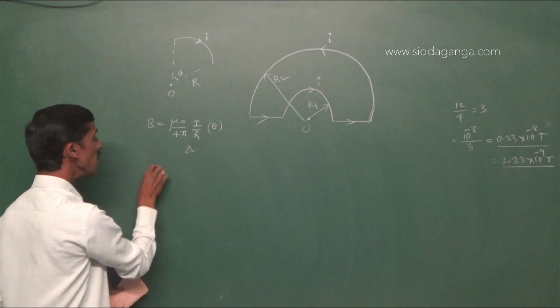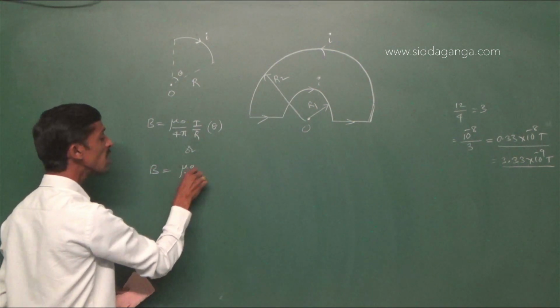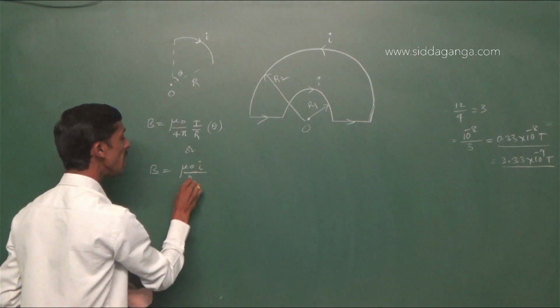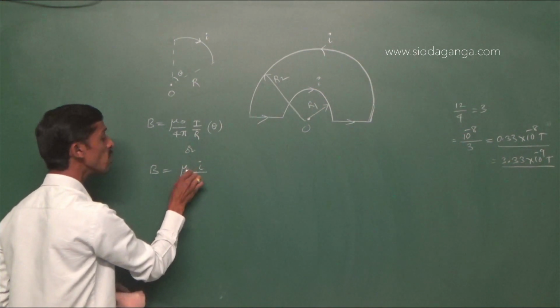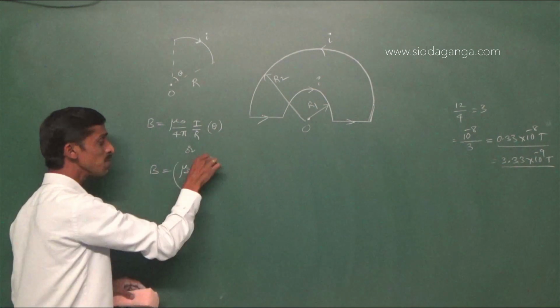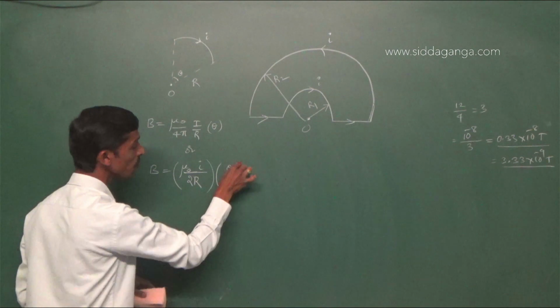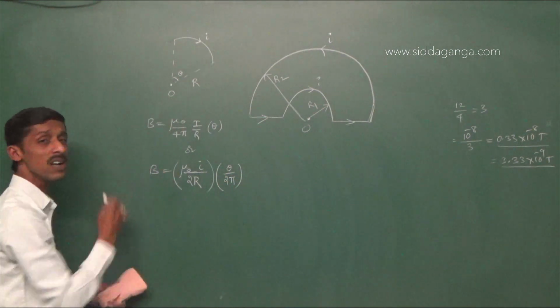Otherwise, for an entire loop, the magnetic field at the center will be mu naught I by 2R. In terms of the entire loop, what is the angle subtended? Theta divided by 2 pi. You can use any one of these.